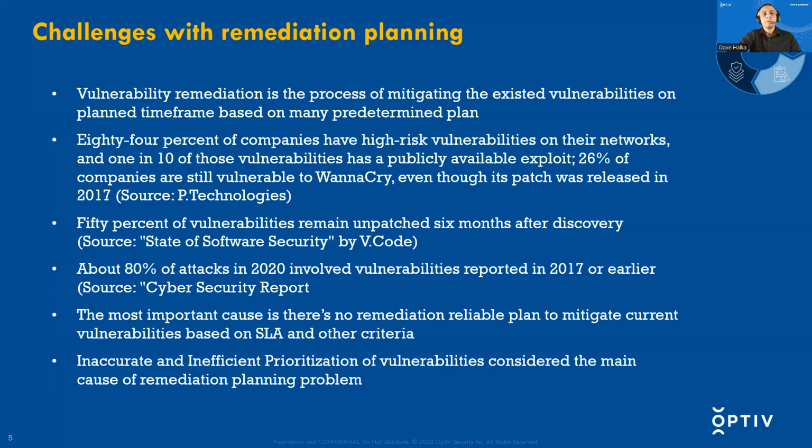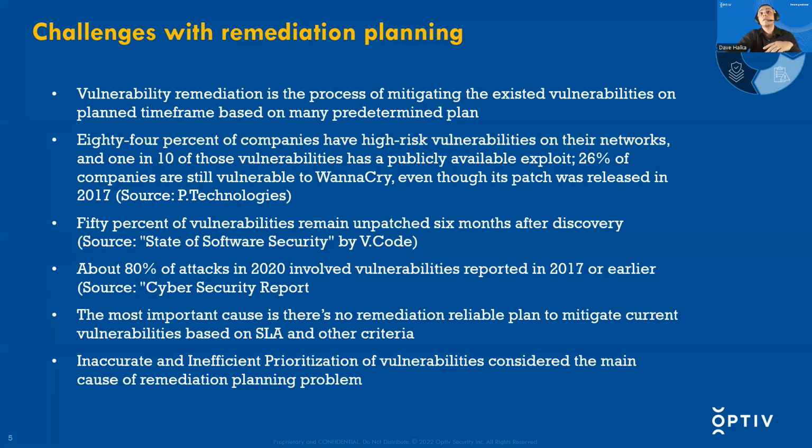So, let's go for the 84%. Yeah, this is some statistics here. About 84% of companies have a high-risk vulnerability in their network, and just one of 10 of those vulnerabilities has a publicly available exploit. So in this case, till now in 2023, we still found WannaCry.